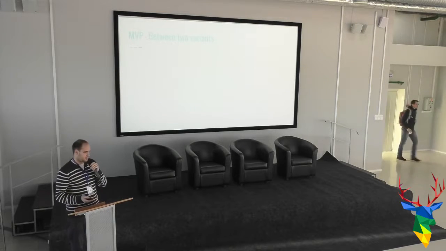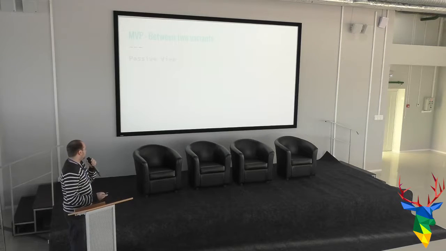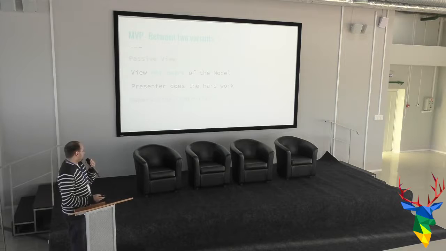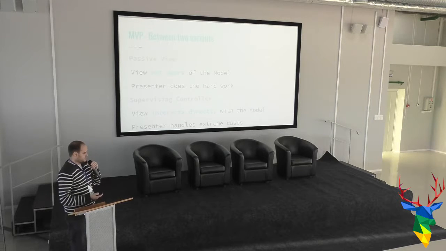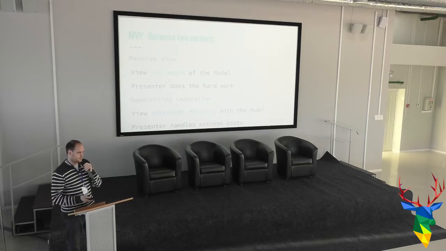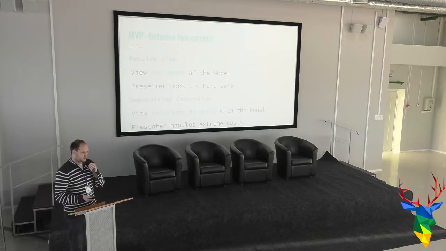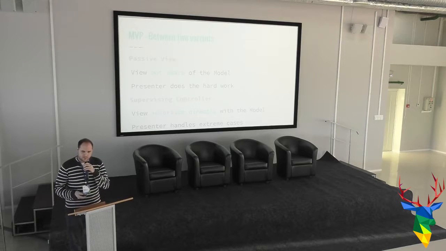There are two most popular variants of MVP. One is the passive view, and the other is the supervising controller. Here's what each of them does. For some screens we used the passive view variant, and for some screens we used the supervising controller variant.